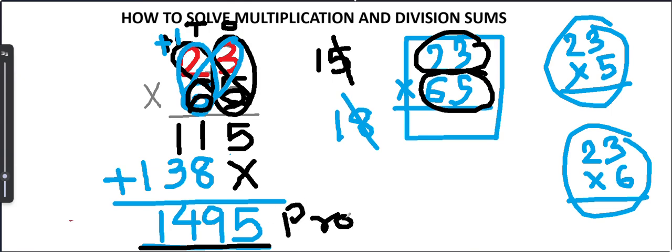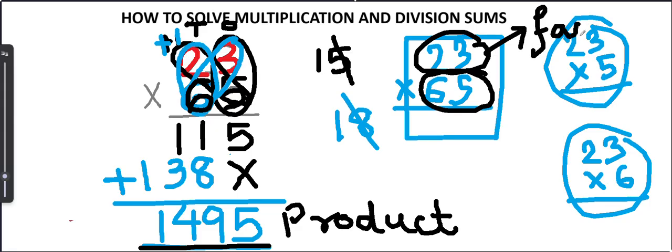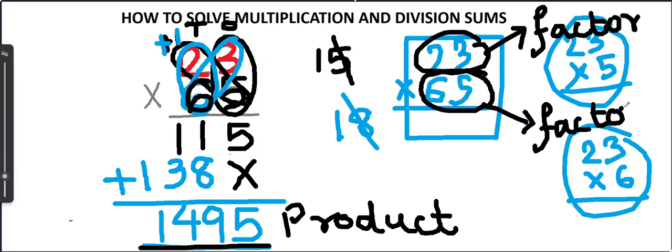This is called the product, which is the final answer. And 23 is called a factor. Also, 65 is known as a factor because those are the numbers which are getting multiplied. Okay? So that is what we needed to know about multiplication.